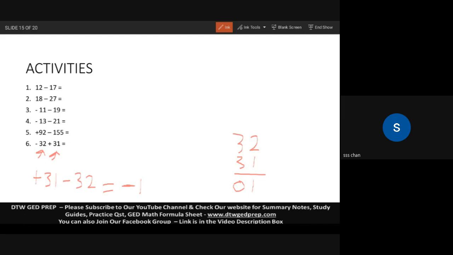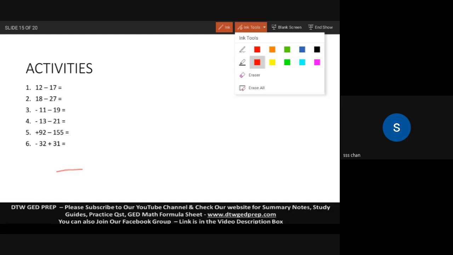So actually you can even swap the digit with their signs, like I did here. 31 goes with the positive sign, 32 goes with the negative sign, just the sign before the number. So we have this. Okay, moving forward.